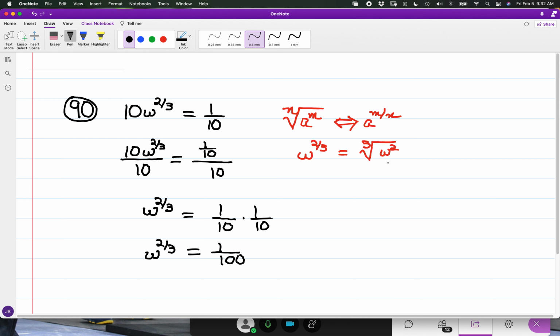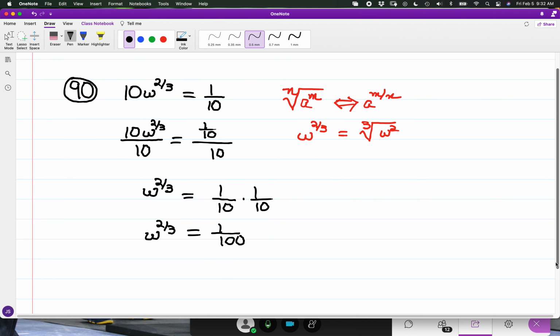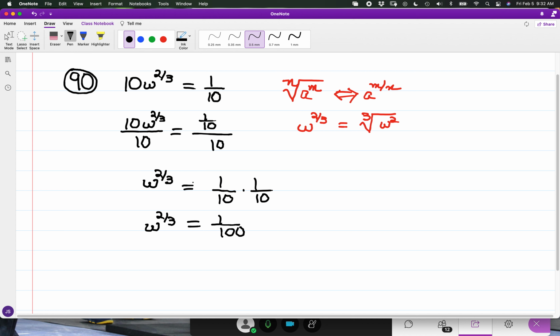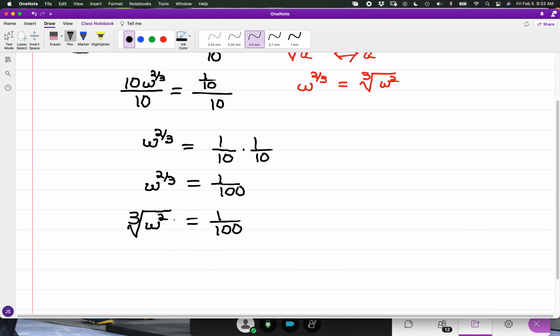And now, rewriting w to the 2/3 in radical terms, we have the cubic root of w squared is equal to 1 over 100. Now, shifting gears a bit, I'm going to get out of the cubic root and free up w squared upon taking both sides and cubing.